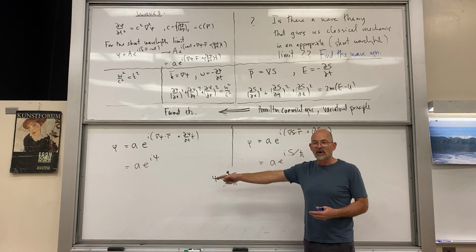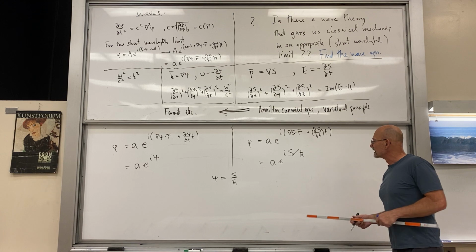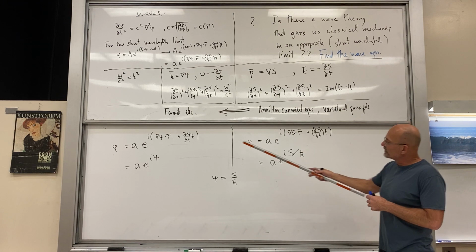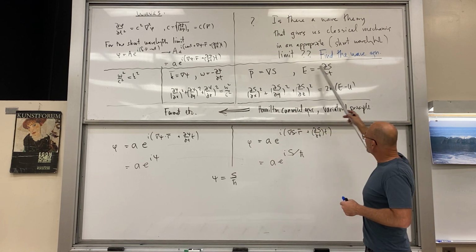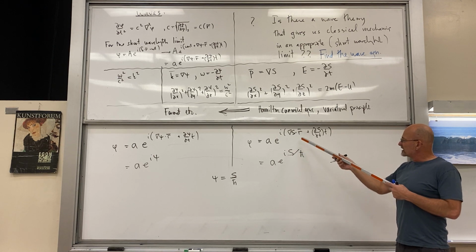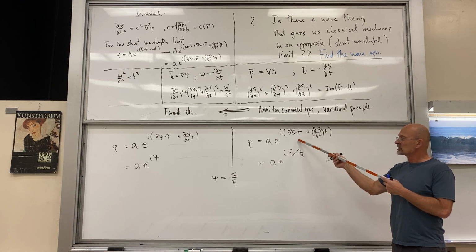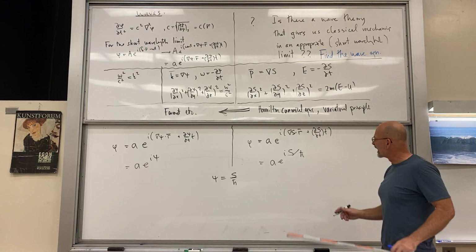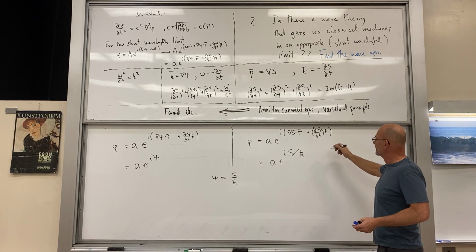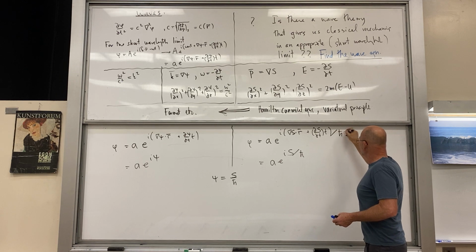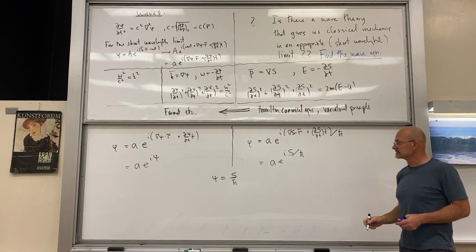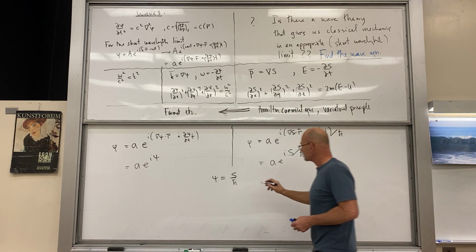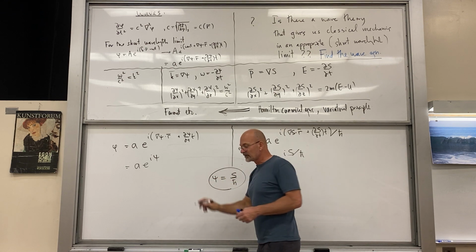Or S is h bar times c. Because remember, these are formally equivalent mathematically, but we have a dimensional question right here. So that takes care of the dimensional problem. And now we have a dimensionless phase, okay. So there's the first result.